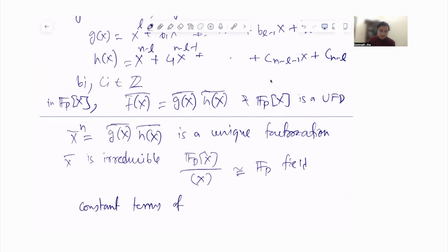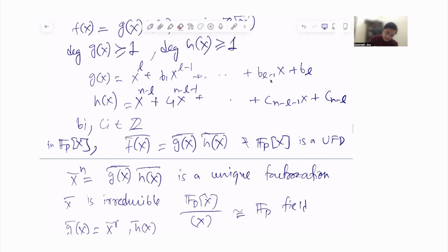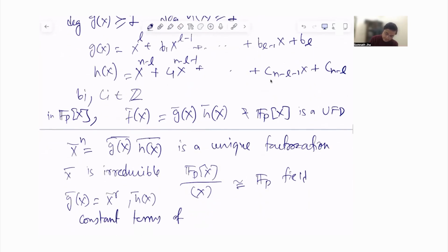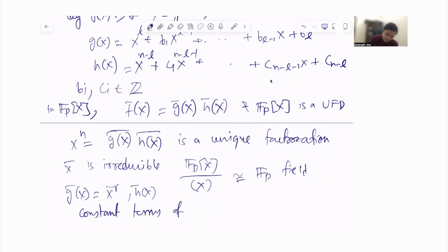The only possibility is some power of x, and so g bar(x) equals x to the power of some r. Actually, x bar is a bit misleading to denote, because the coefficients are changing.